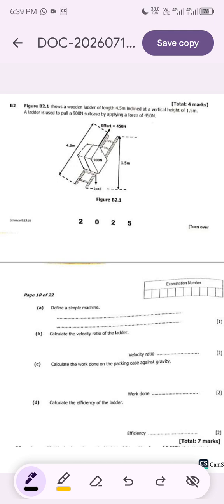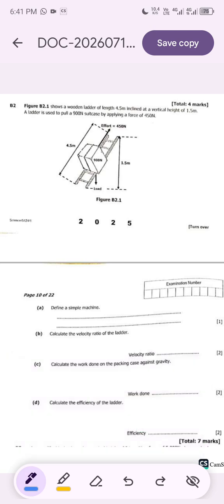Now, in this situation where we're trying to calculate B, the velocity ratio of the ladder, when you look at it carefully, you are going to find that the distance moved by the effort is the length of this particular plane.